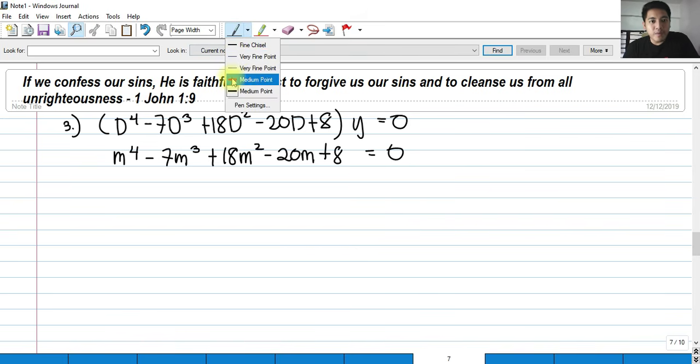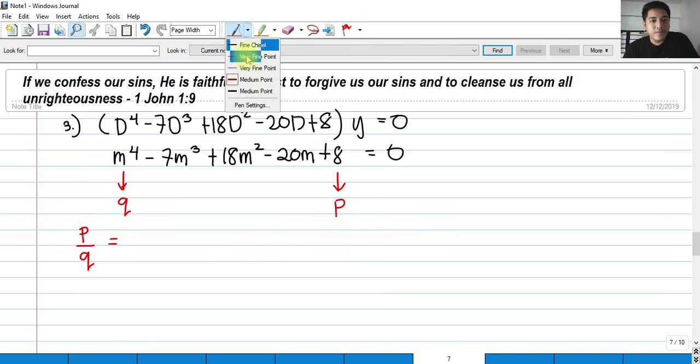And as discussed in my previous video about distinct linear factors or distinct linear roots, in order for us to factor this, we have q and p. And all of the possible roots of this are given by the multiples of p over q.